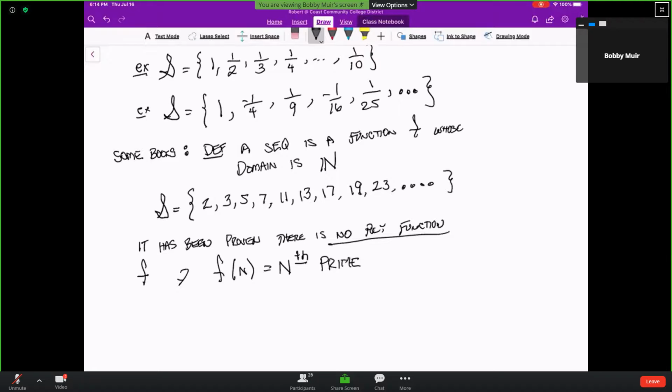And for that matter, no rational function, and for that matter, a bunch of other stuff. Now there are things that we can say about the primes.